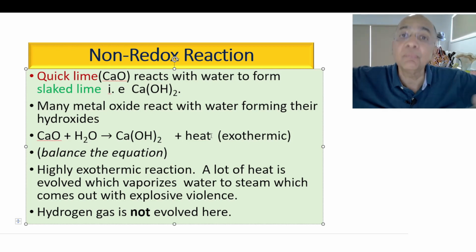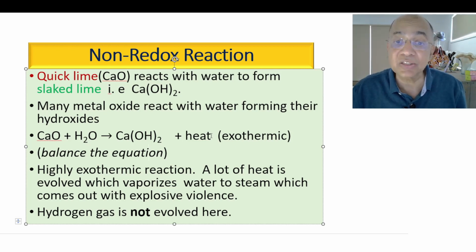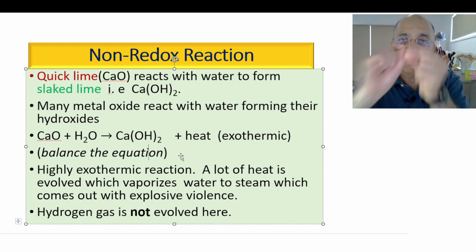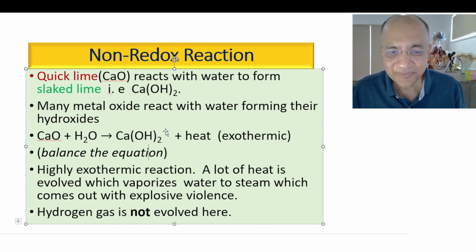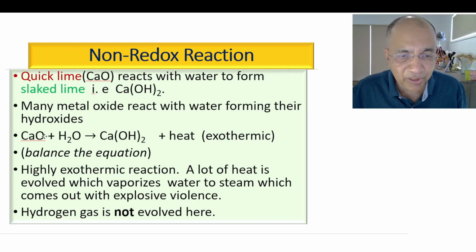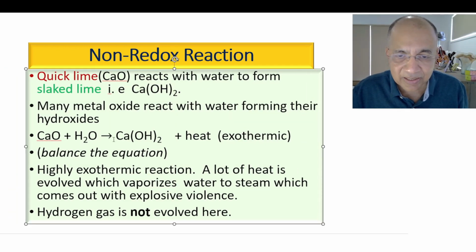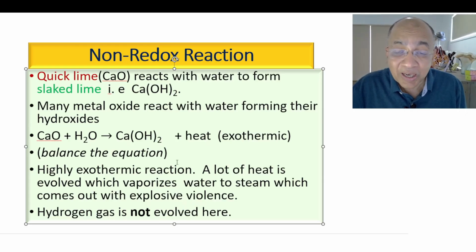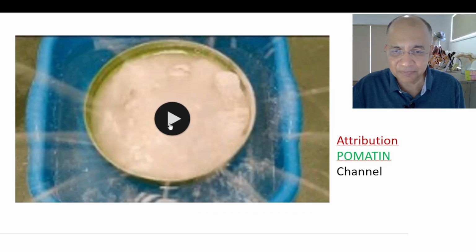Don't confuse those bubbles with hydrogen gas. There is no hydrogen gas involved. If you collect that vapor, you can't get a pop sound by lighting a matchstick. This is what we call quicklime, and this is slaked lime, right? And also see how exothermic the reaction is here.